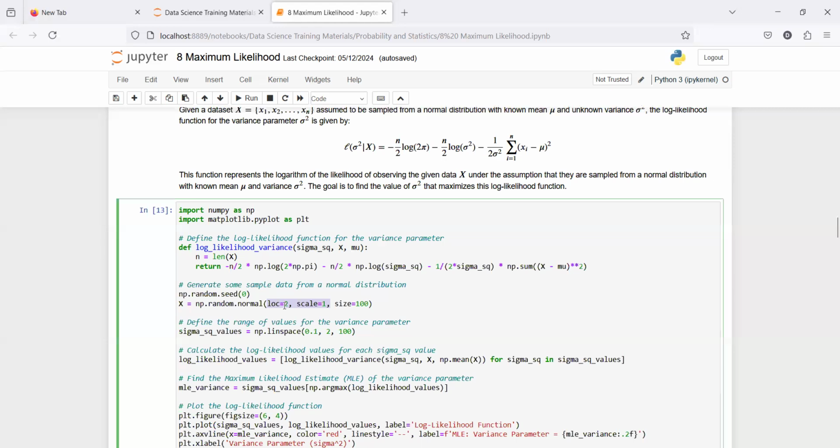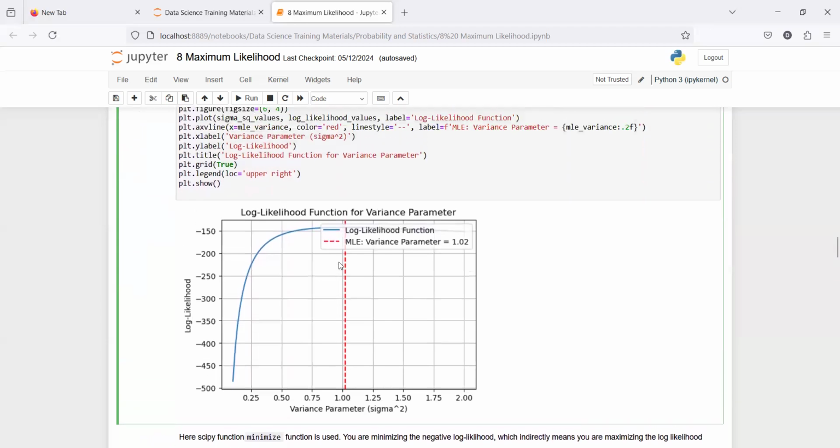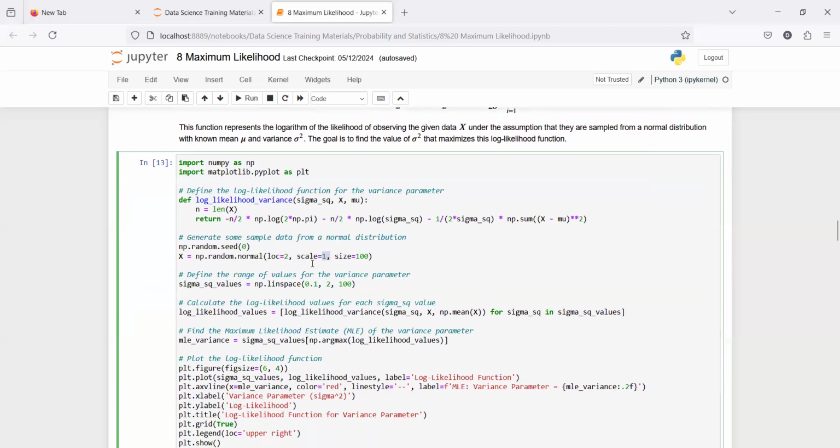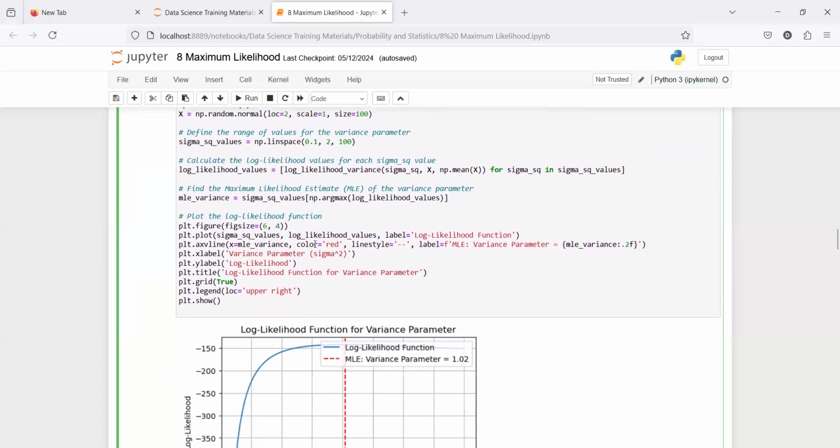When we set this, these are our actual population, the true population parameters. Based on that observed data, we get 1 for the variance and 2 for the mean. It's pretty much the same thing. So those maximum likelihood estimates are doing a good job of actually telling us what the data actually is.